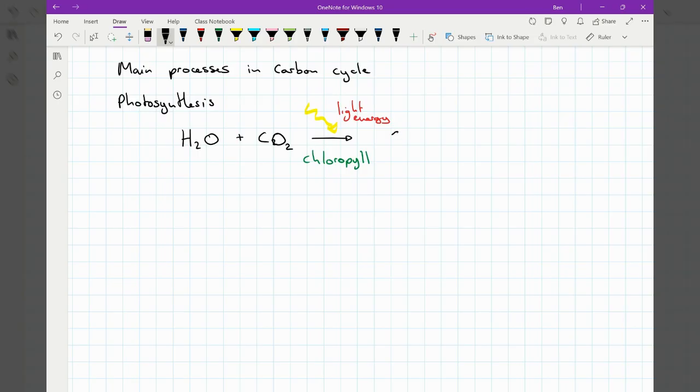So glucose, which is C6H12O6, and also oxygen as a waste product.